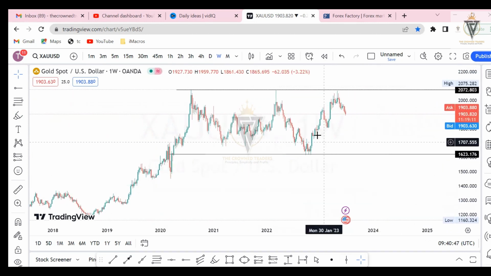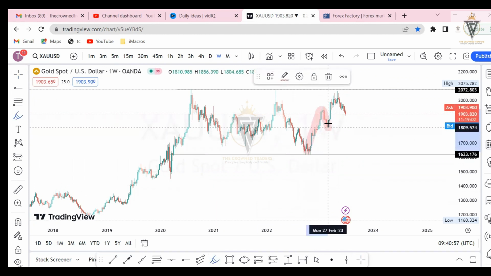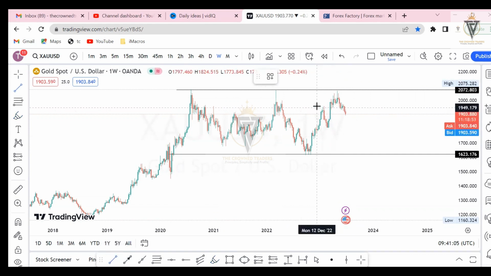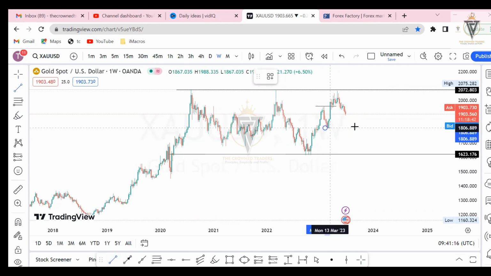Here we are on the weekly time frame. We're seeing bullish moves: up, down, up, down. Right now, I want to see this level taken out properly.